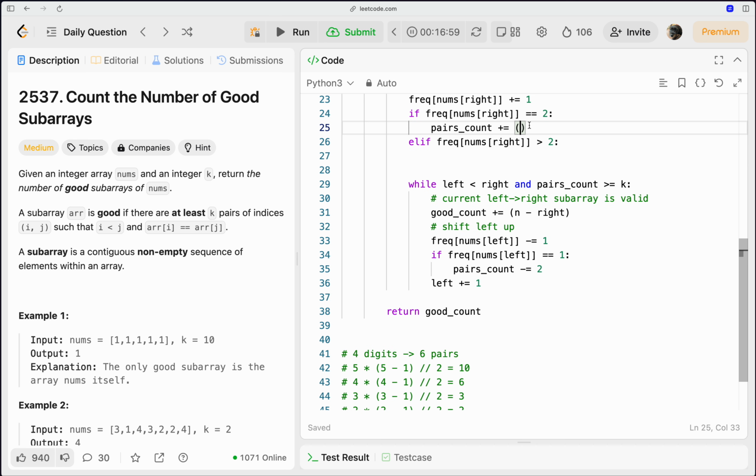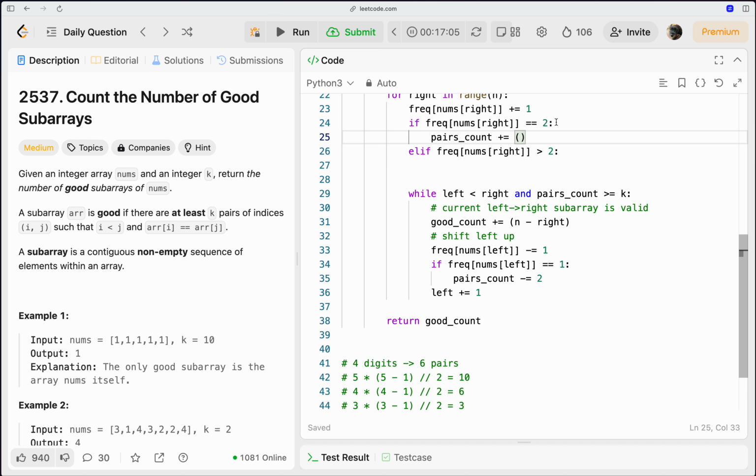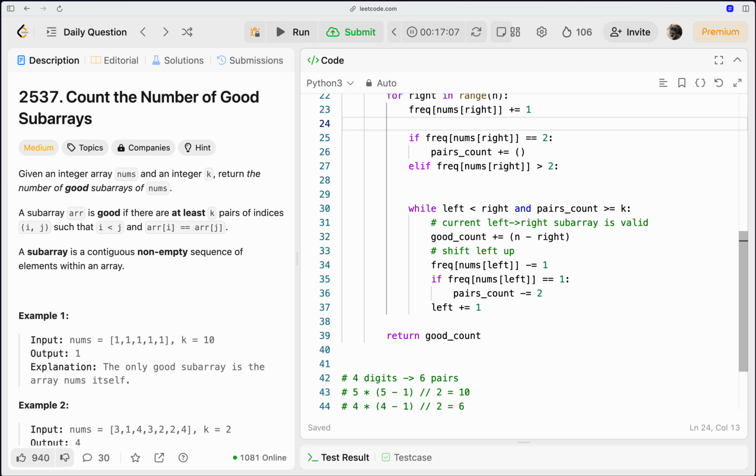I might be double counting and I'll fix that in a bit, but let me at least write the equation. So NF is the new frequency, which is frequency of nums right.